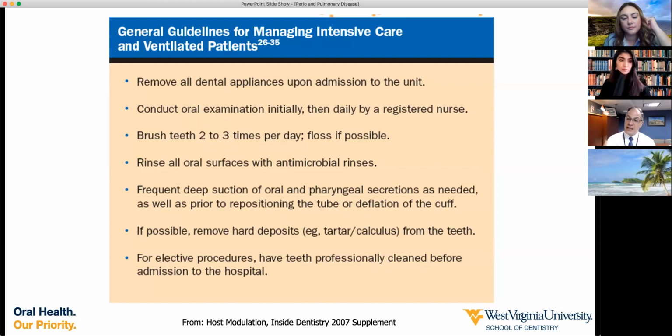And then if there's an elective procedure, part of the pre-admissions process should be to have their teeth professionally cleaned, as well as taking care of any teeth that may have active disease so that these don't crop up later and cause a problem as the person is trying to deal with their medical condition.